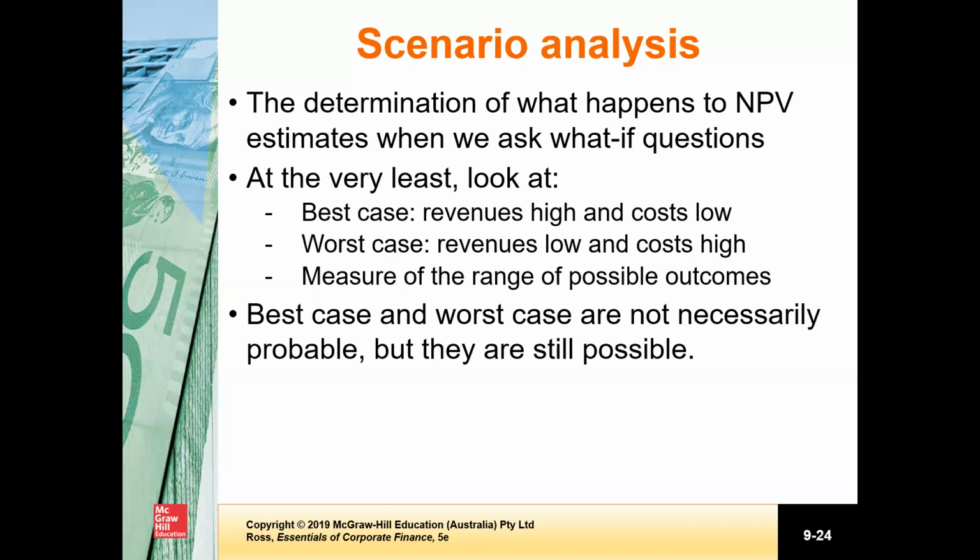In broad terms, if we were thinking about a reasonable range for, say, unit sales, then the best case would correspond to something near the upper end of that range, and the worst case would correspond to the lower end. As we have mentioned, we could examine an unlimited number of different scenarios. At a minimum, we might want to investigate two intermediate cases by going halfway between the best case and the extreme case.